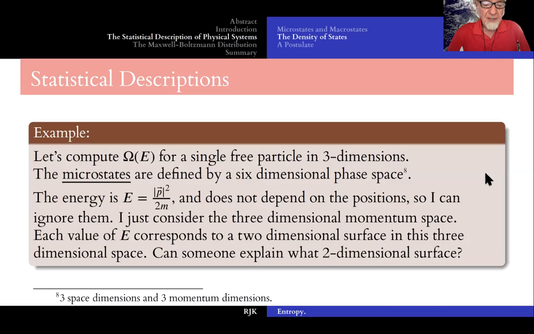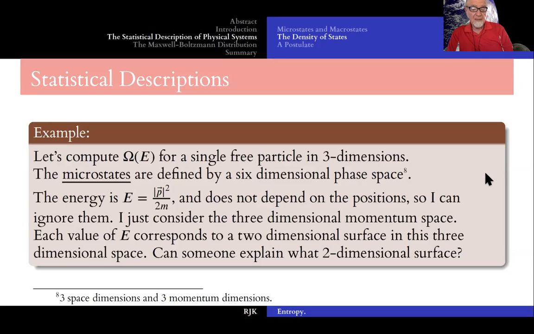The microstates are defined by how many dimensional phase space? A 6-dimensional phase space: 3 space dimensions and 3 momentum dimensions.